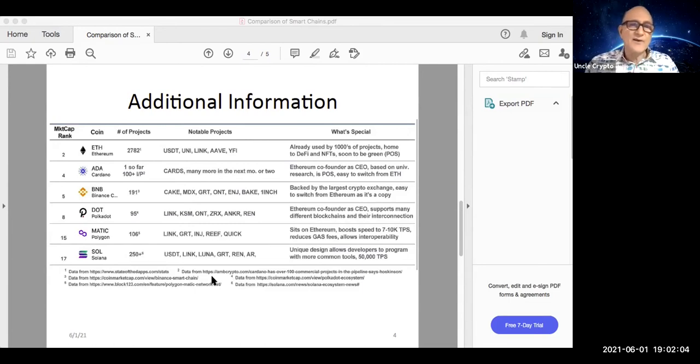Now, we have it on good authority from Charles Hoskinson that there are 100 projects or more waiting to come out on Cardano. They're working right now on adapting their code from Ethereum or whatever other blockchain they're on to run on Cardano.